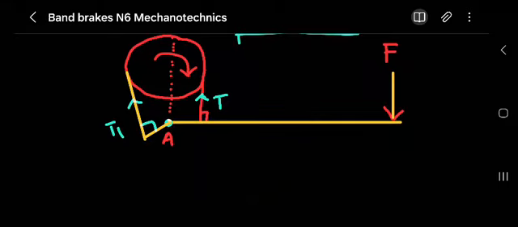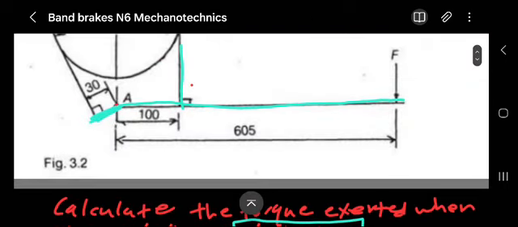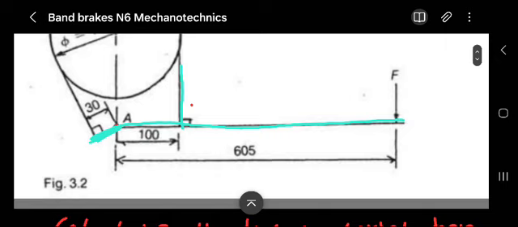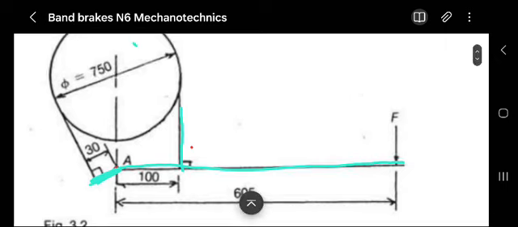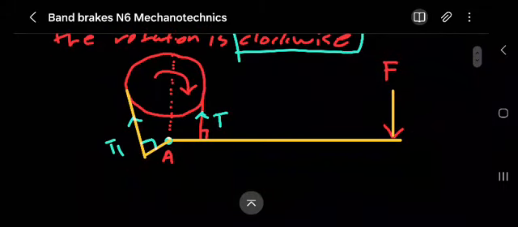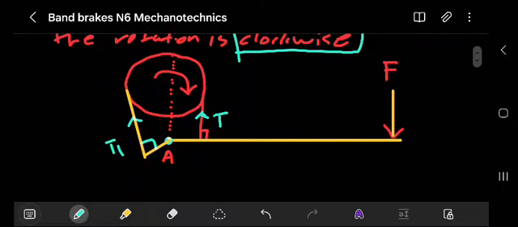We don't know the ratios. And then, by the way, we know that the distance from the pivot till there is 605 millimeter. So I can also write the distance to where the force is acting, there, is 605 millimeter.